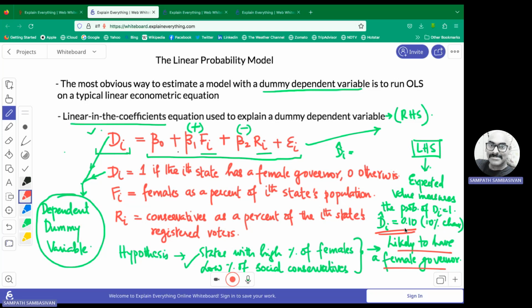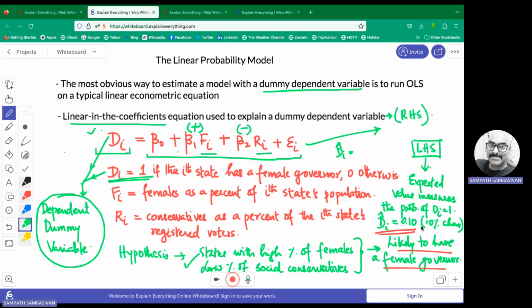At the end of the day, we have said that this is a dummy variable, which doesn't capture a quantitative variable, it captures a qualitative variable. So how do we make sense of the estimated value of Di being equal to 0.10? This simply means that there is a 10% chance that Di will be equal to 1 as defined here. We defined Di equal to 1 if the state has a female governor.